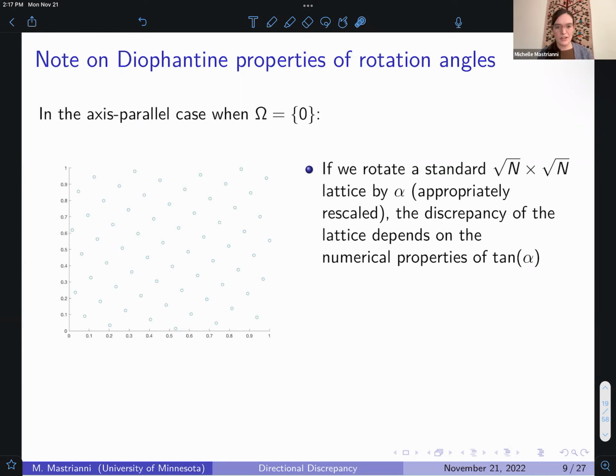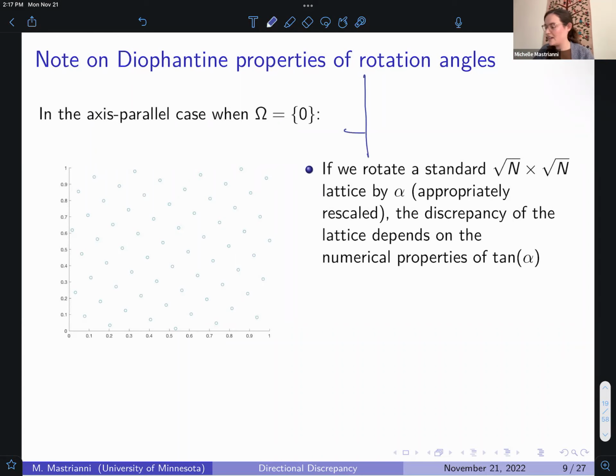So in the axis parallel case, when we just have a single rotation, so axis parallel boxes, one of the standard ways to generate a low discrepancy point set, so a point set with logarithmic discrepancy, is by taking a standard lattice and rotating it by some angle with good numerical properties in some sense, and rescaling it appropriately, and that produces a good low discrepancy point set.